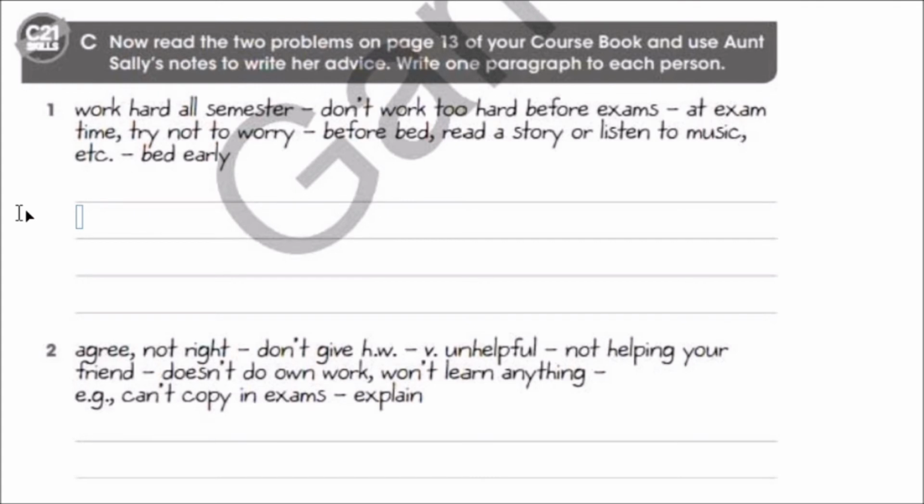For example, you can come here and write: work hard all semester, don't work too hard before exams.